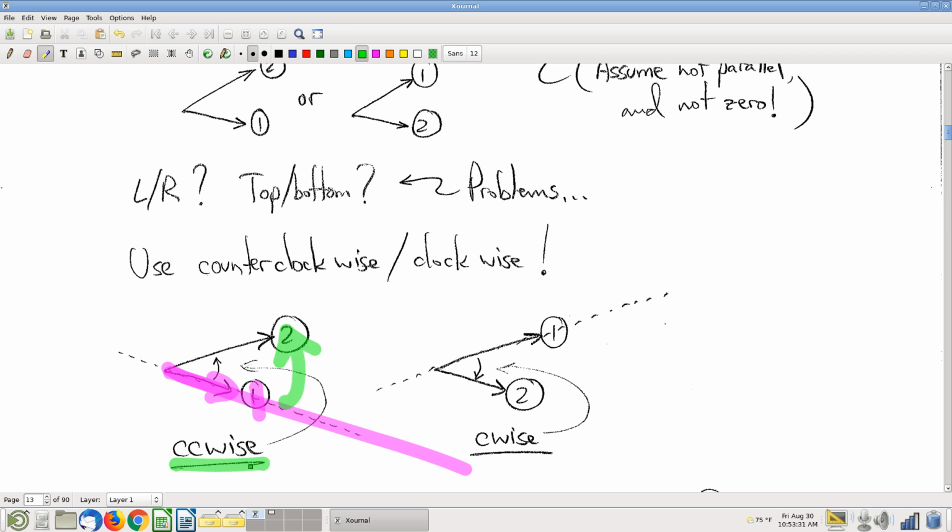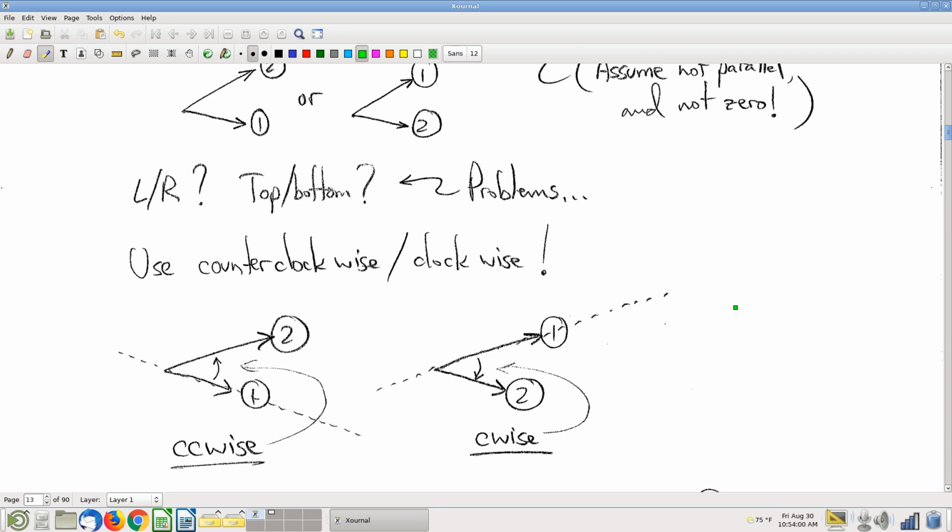This is what I would call counterclockwise, because from my first vector, I rotate counterclockwise to get to the second vector. I guess you could go around the other way, but the shortest direction is counterclockwise. Whereas if I were to put that one first, that defines that direction. Which way do I go to get to the second vector? I go clockwise.